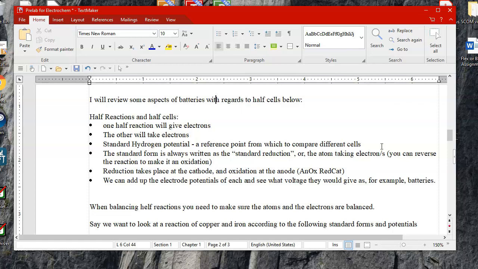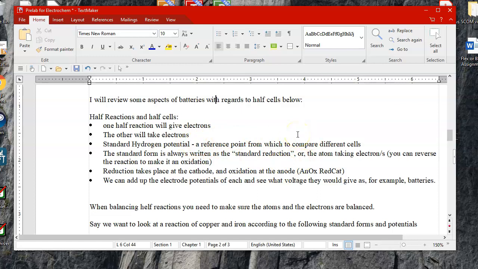We must compare it to a reference point. This would be the same as if we compared everybody's height to one standard height, like say 5'10", and then we just measured you and you're either taller, plus, or shorter, negative, to that standard height. That's kind of what we're doing with the standard hydrogen potential of the standard hydrogen cell.